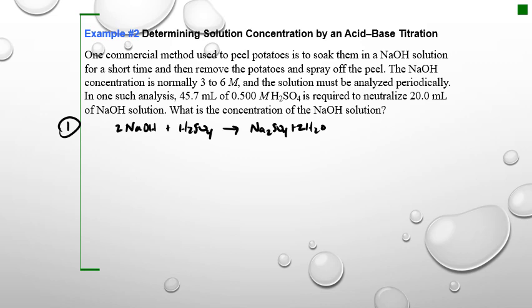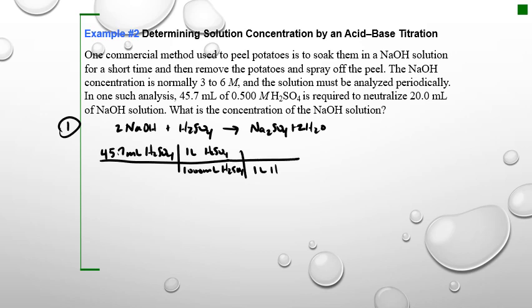So for this problem, I'm going to start. I have the 45.7 milliliters of the H2SO4. I'm going to convert that into liters, so 1,000 milliliters of the H2SO4 is 1 liter of the H2SO4, and now I can use my molarity.